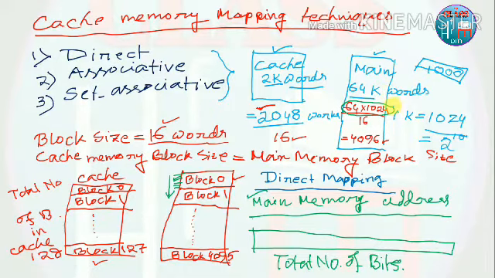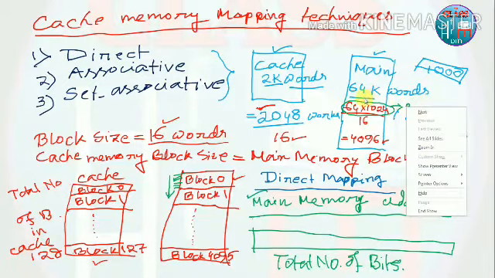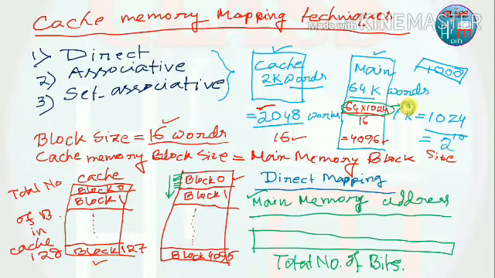So suppose this is the total number of words: 64 times 1024. 64 means 2 to the power what? Can you tell me what is 64? 64 equals 2 to the power 6.